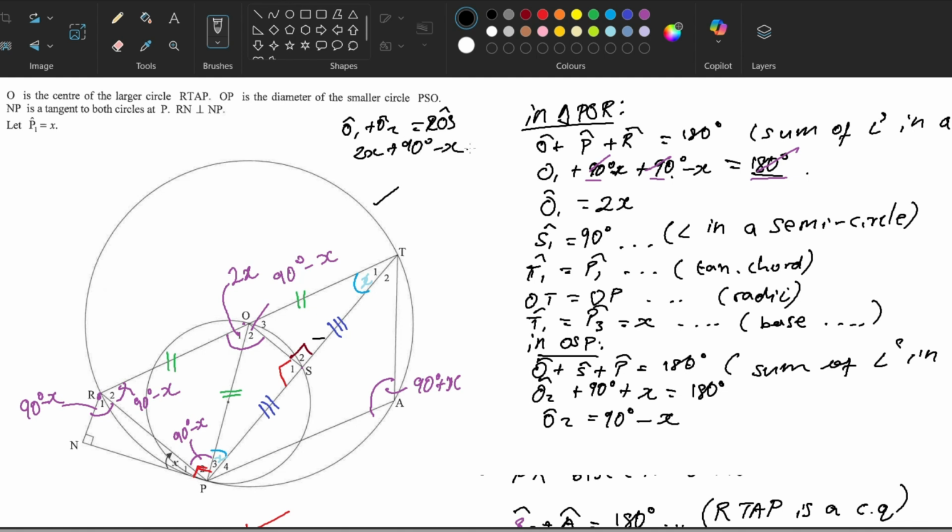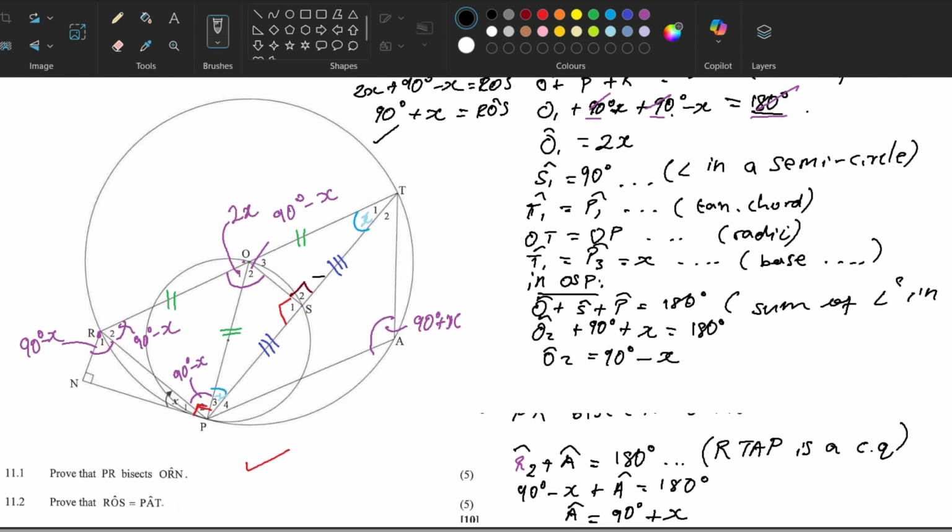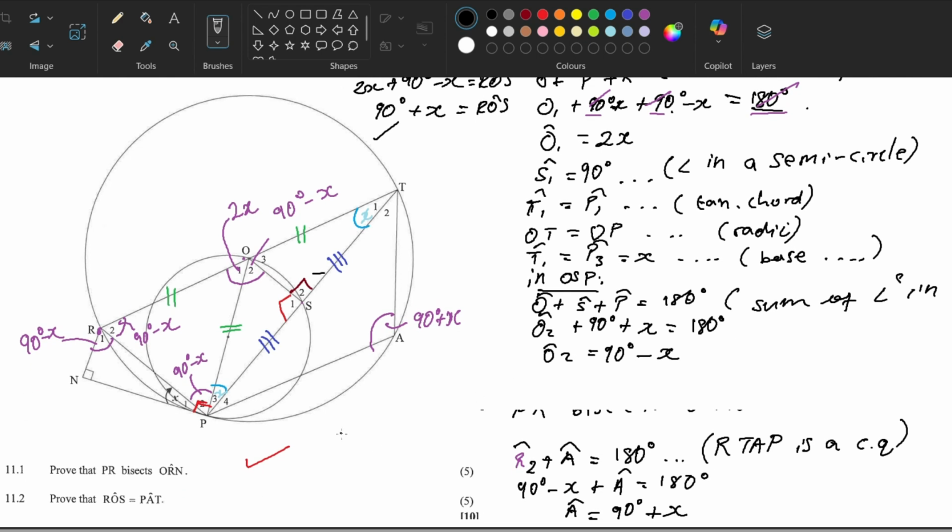And then you are going to have 90, because it doesn't have a like term, isn't it? 2x minus x is going to be positive x, so 90 plus x is equal to ROS. And then you can tell the examiner at the very end that therefore ROS is equal to PAT, right? Your reasoning, you're going to say proven, right?